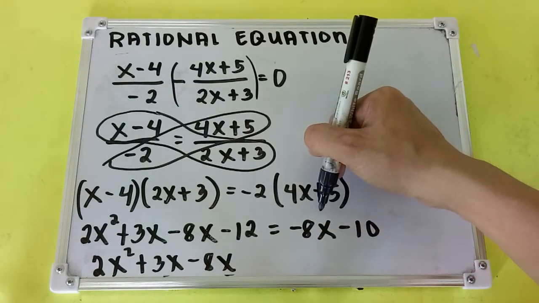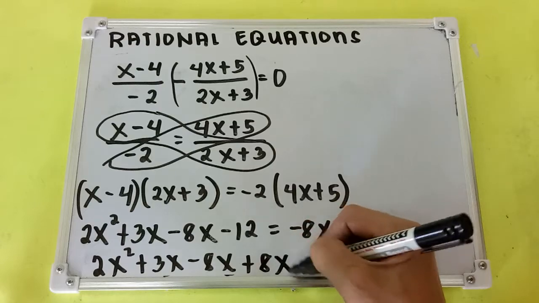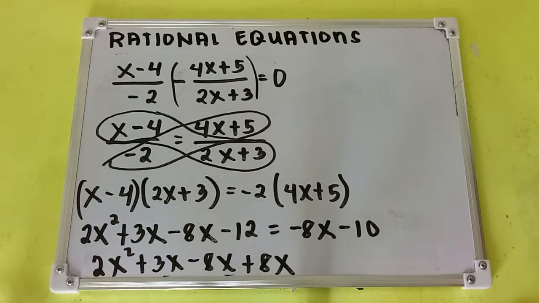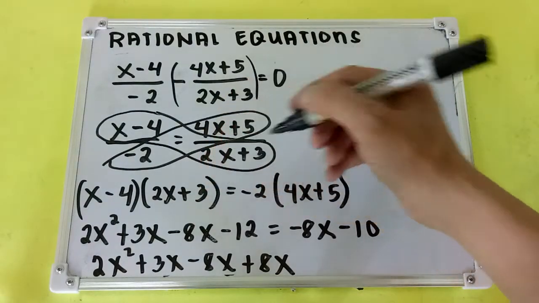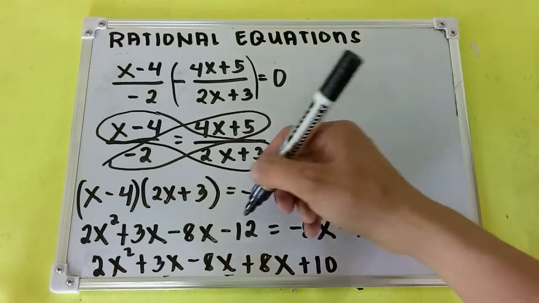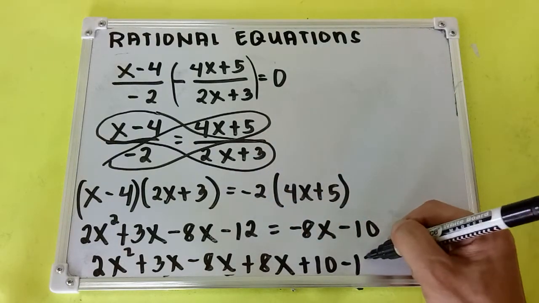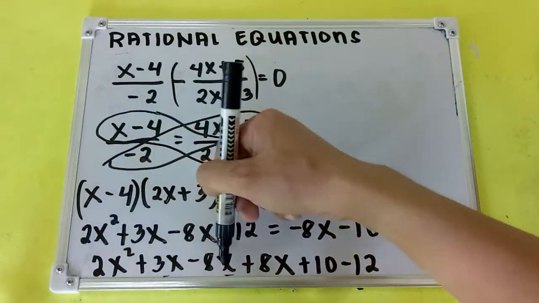So negative 8x, ililipat natin ang kabilang side, magiging plus 8x na siya. And then si negative 10, lilipat na kabilang side ng equal sign, magiging plus 10. And then si negative 12, retain pa din. 1, 2, 3, 4, 5, 6.